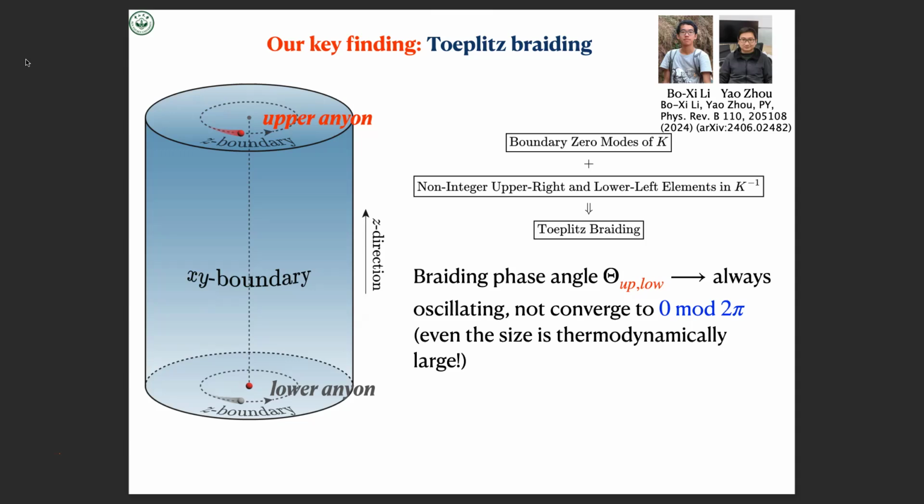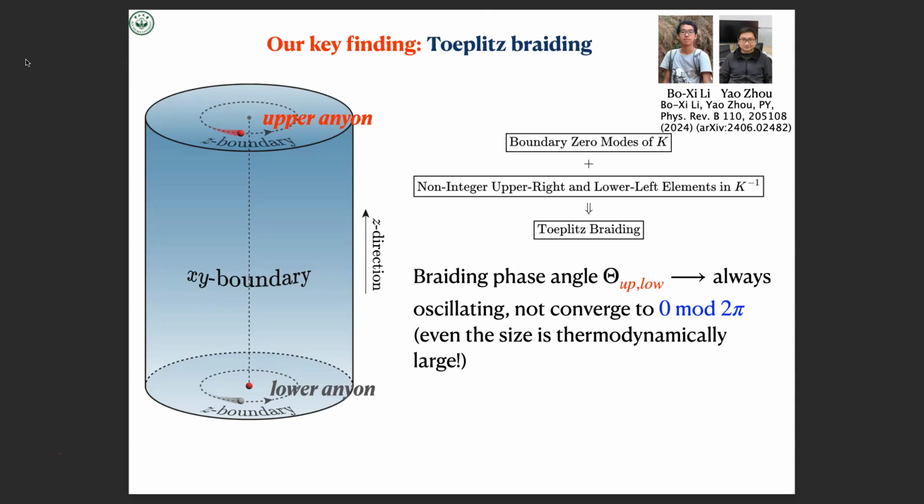So what is Toeplitz braiding? We define this braiding process as follows. The braiding phase angle theta between the upper area and the lower area is always oscillating, not converging to 0 mod 2 pi, even though the size is thermodynamically large.